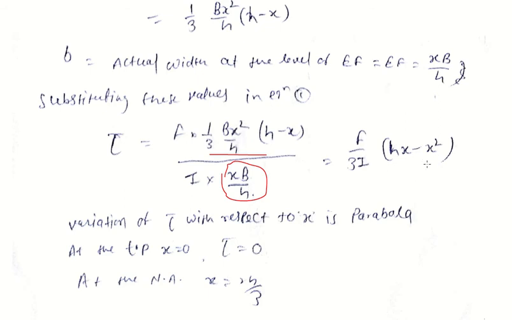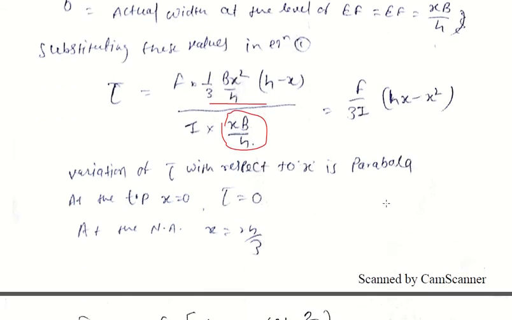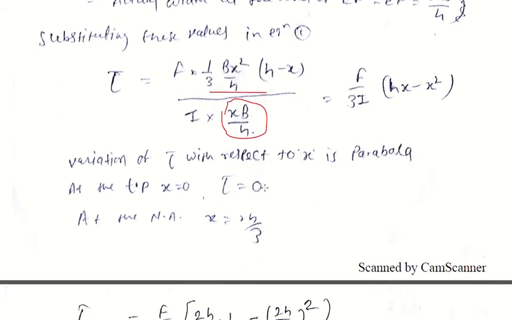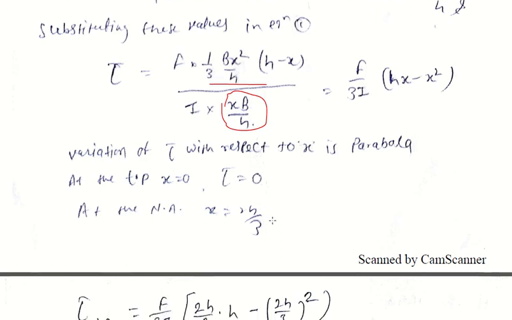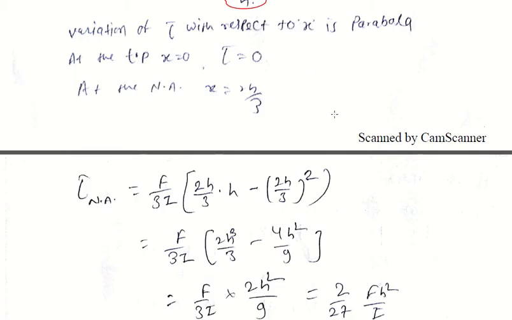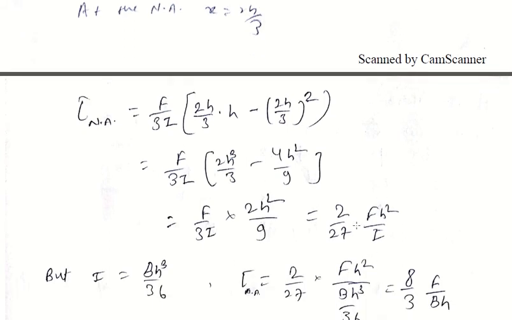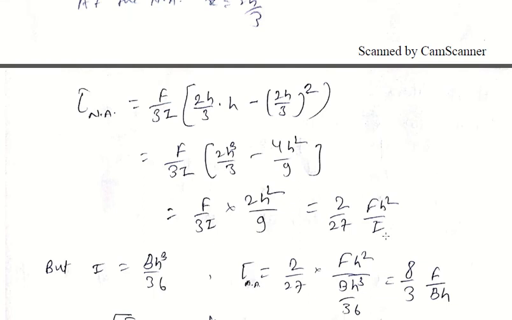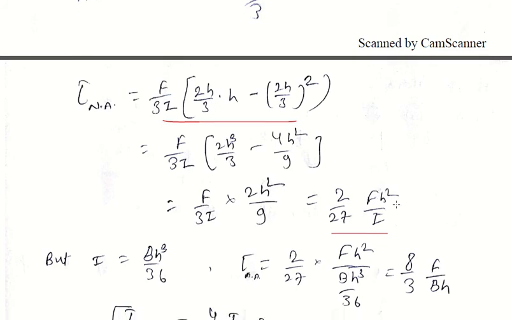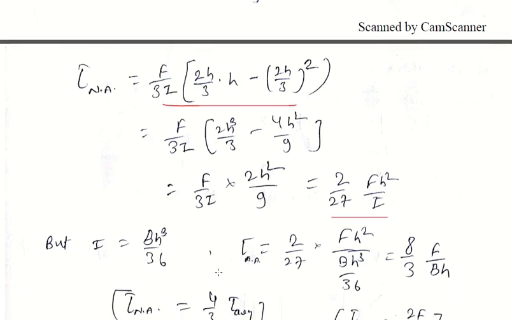Now at x equals 0, that means at the top of the section, it will give shear stress equals 0. And at the neutral axis, that means x equals 2h by 3, we put the value of x as 2h by 3, and it will give 2 by 27 F h square by I. Okay, you simplify these terms here, and then it will give 2 by 27 F h square by I. Now we know the moment of inertia of the triangular section is b h cube by 36.